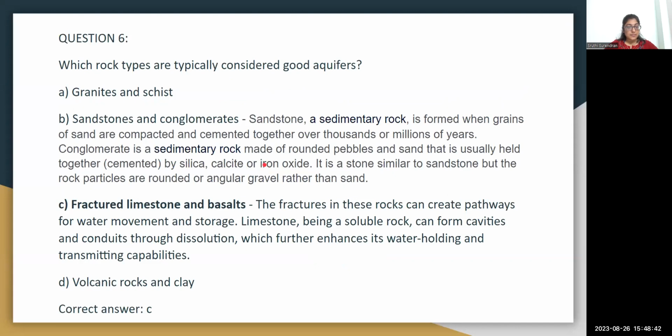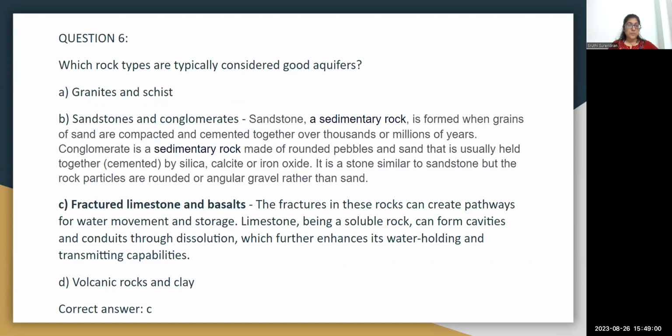Now the sixth question in assignment 4 was about the rocks that are considered good aquifers. The options provided here are granites and schist, sandstones and conglomerates, fractured limestone and basalts, and volcanic rocks and clay.